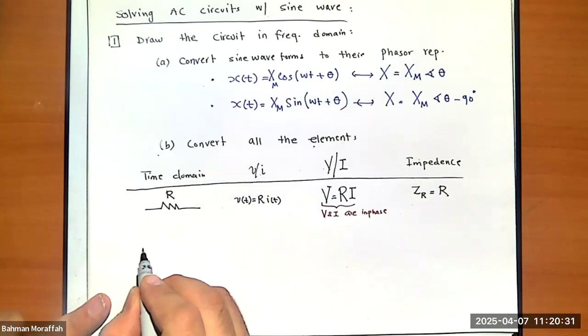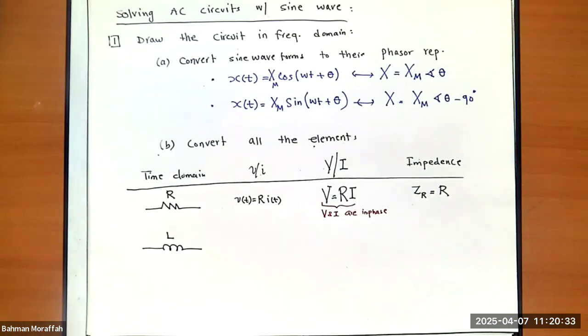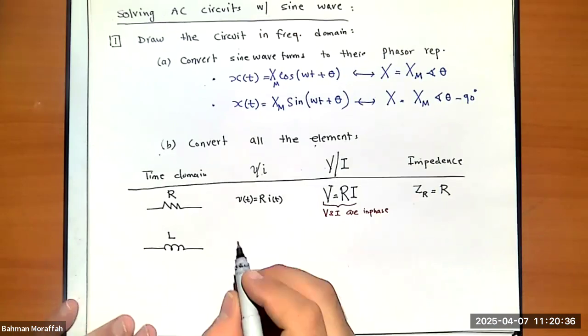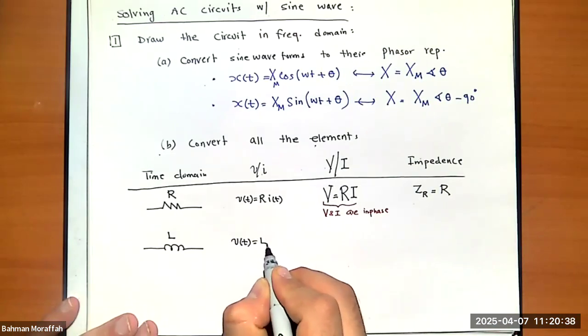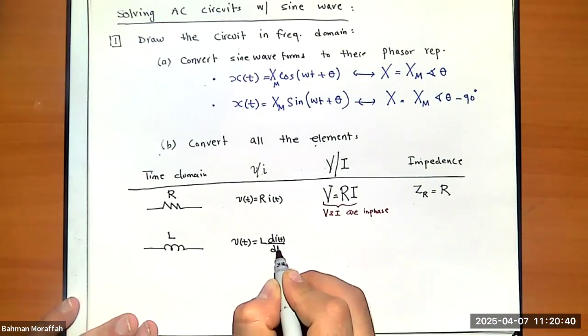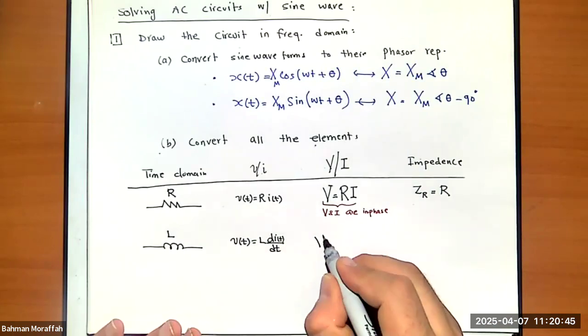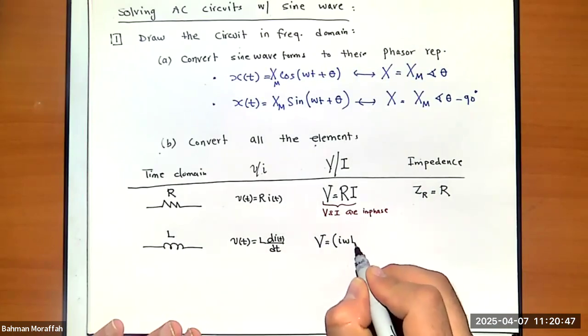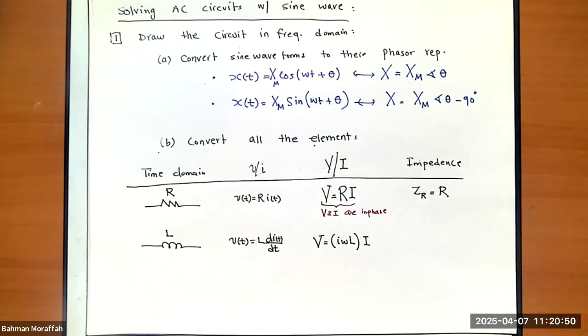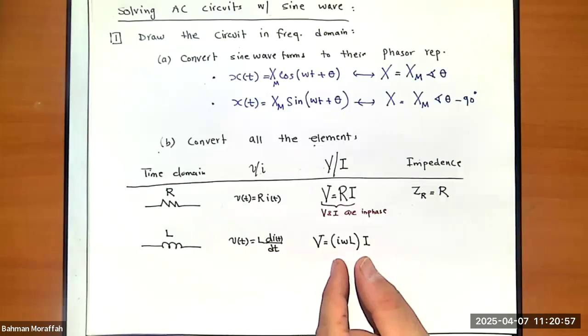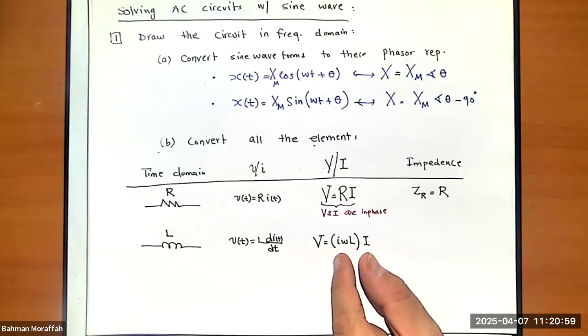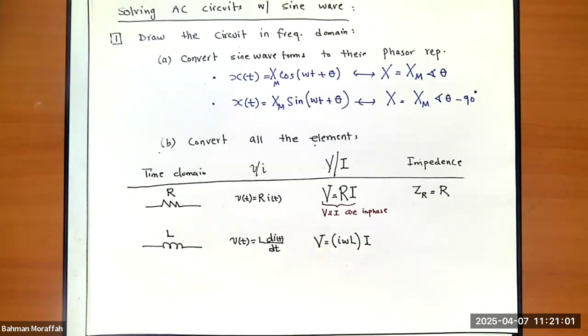If I have an inductor with value L, I know the VI relationship is v of t equals L di/dt. The phasor representation would be V equals j omega L times I, which means to find the phase of V, I have to have the phase of I plus the phase of j omega L. And we know the phase for j is pi over 2.